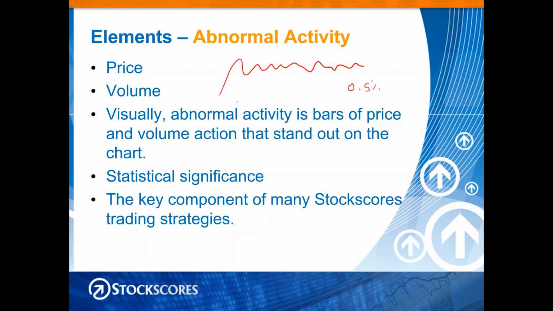Doesn't make big moves. It maybe trades, volume-wise, I don't know, 20 million shares a day. It probably trades more than that. And then one day, it jumps up 3% and it trades 50 million shares a day. That is abnormal volume and abnormal price movement.